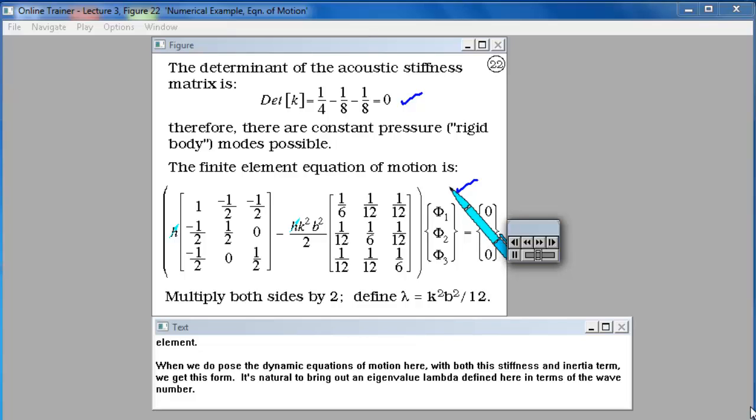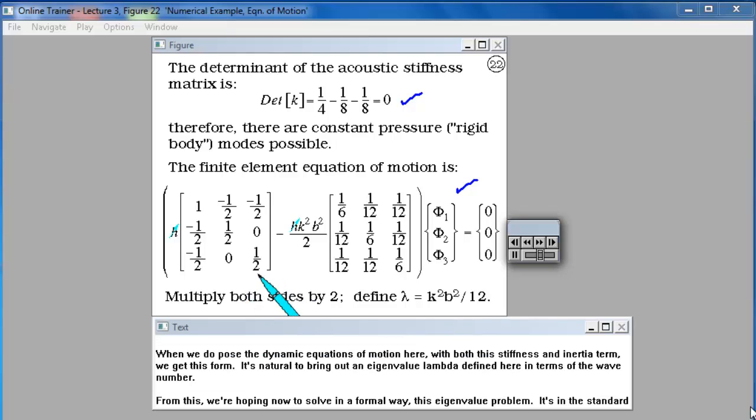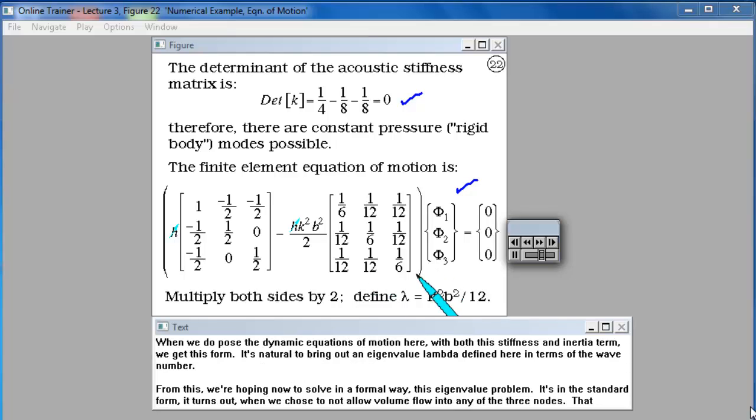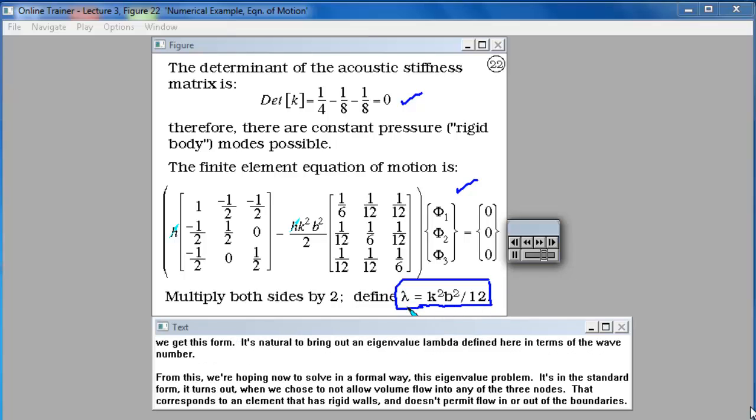When we do pose the dynamic equations of motion here, with both this stiffness and inertia term, we get this form. It's natural to bring out an eigenvalue lambda defined here in terms of the wave number. And from this, we're hoping now to solve in a formal way this eigenvalue problem.